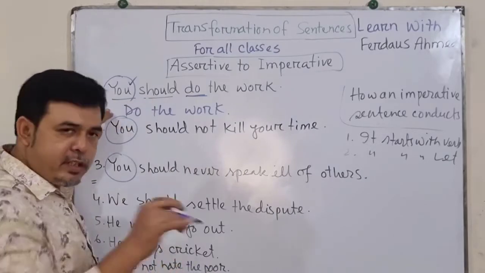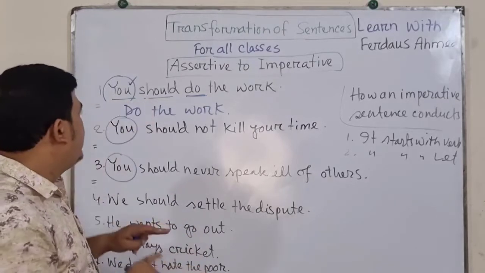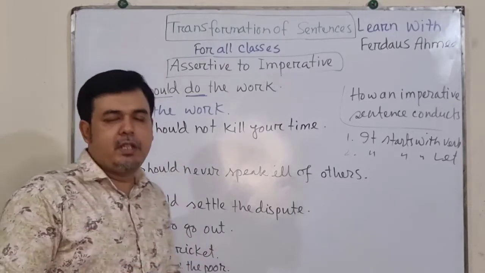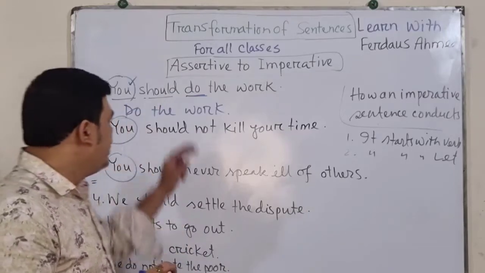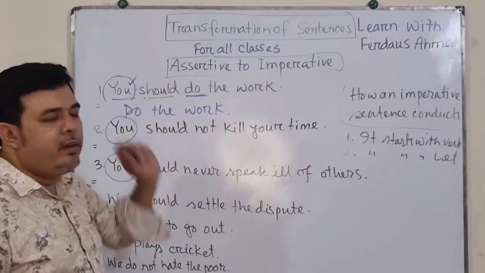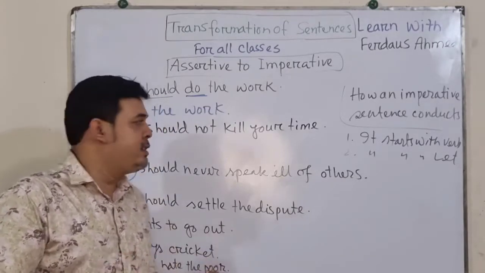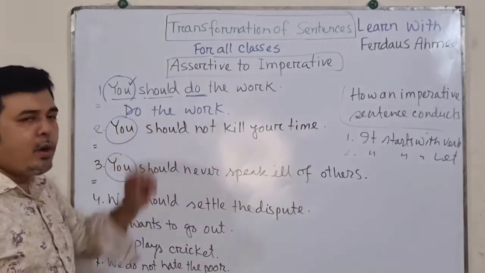If we put the subject here, we would have to give the modal auxiliary. But as we are not giving any subject, there is no need for a modal auxiliary. So we will start from the base form of the verb and write the rest. I think it's pretty easy. So what is this? Do the work.